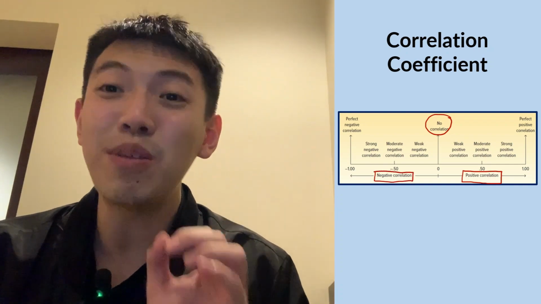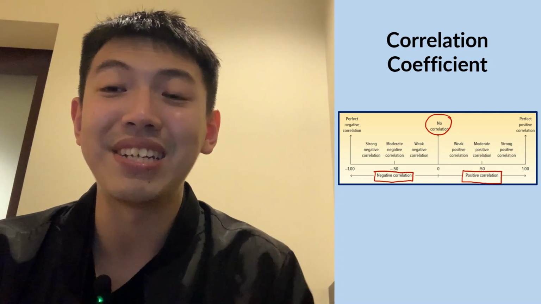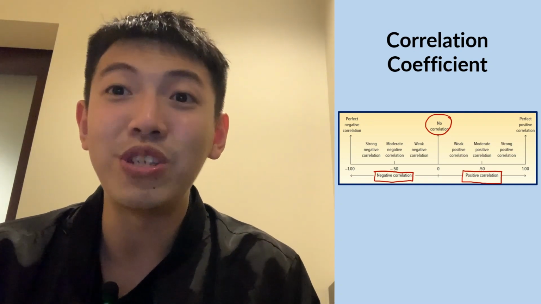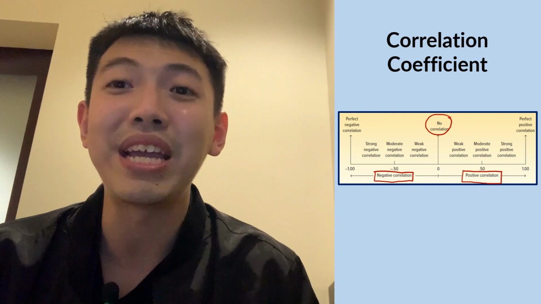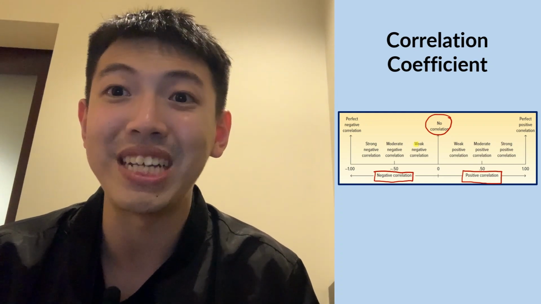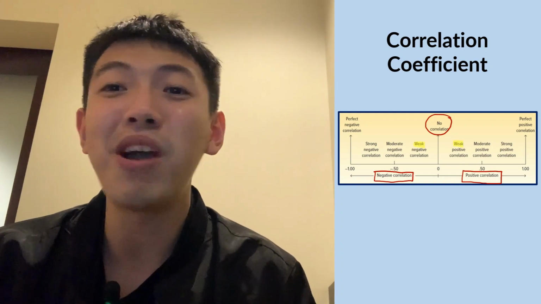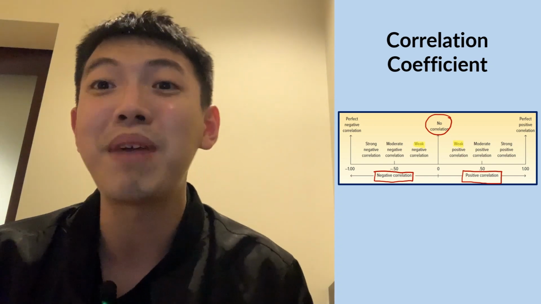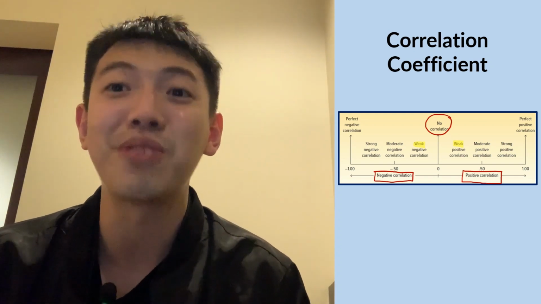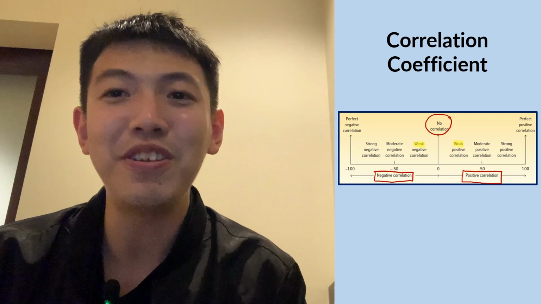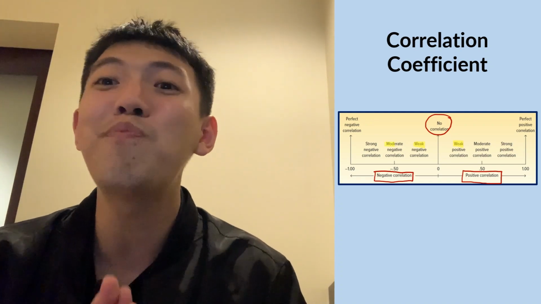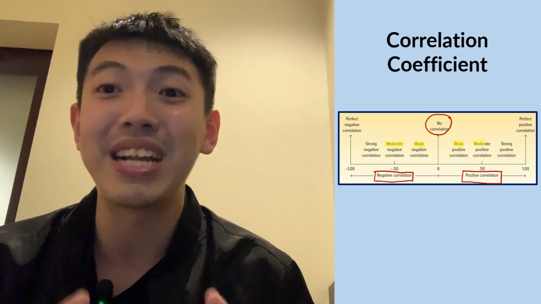This is how we interpret the strength of the correlation. If the absolute value of the correlation is close to 0, they have weak correlation. So 0.1, 0.2, minus 0.1, minus 0.2, they have weak correlation. If the absolute correlation coefficient is close to 0.5, they have moderate correlation.